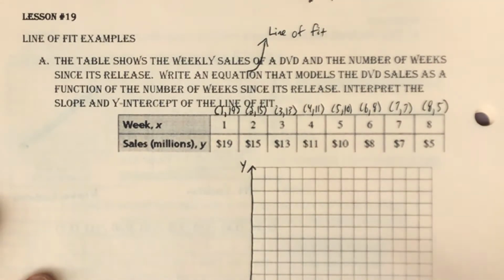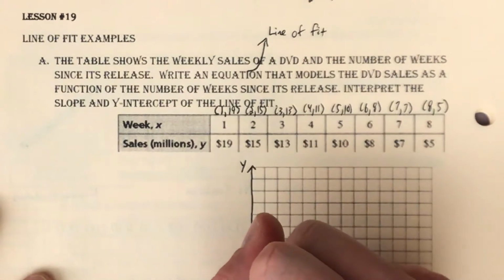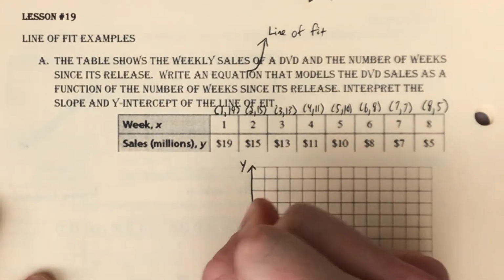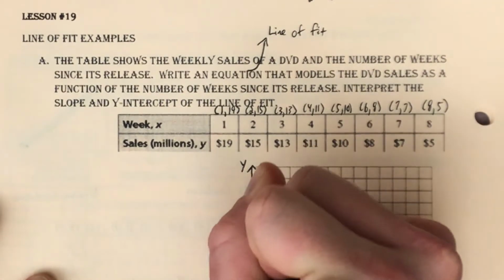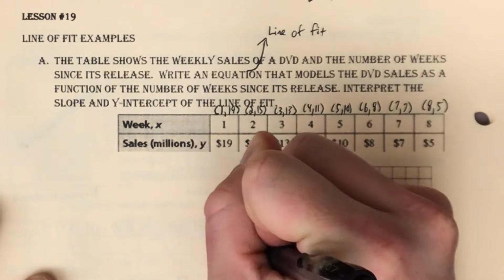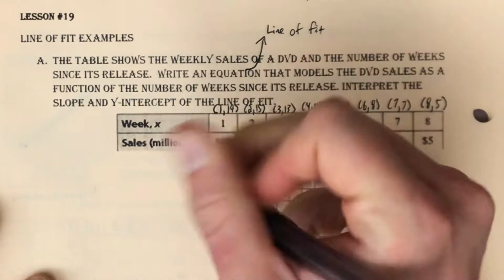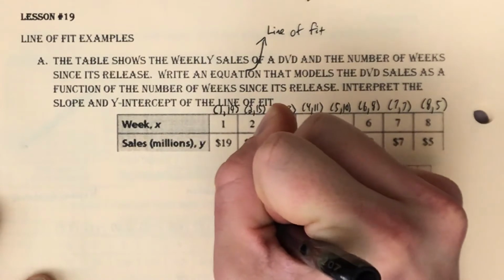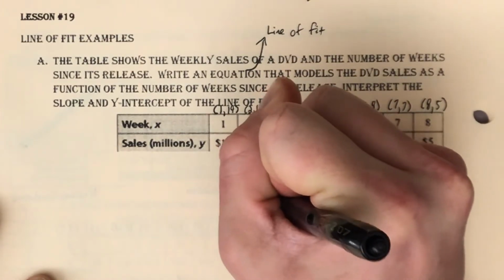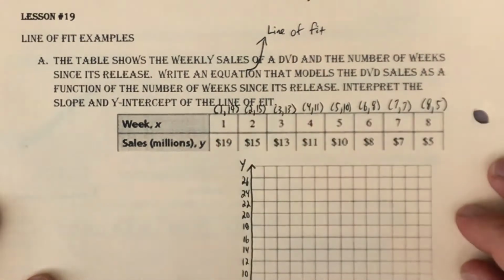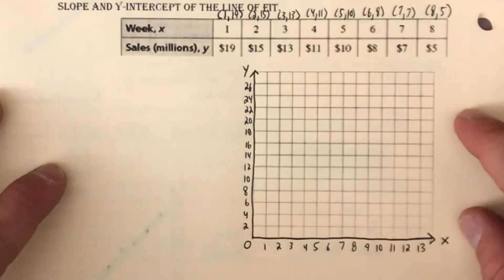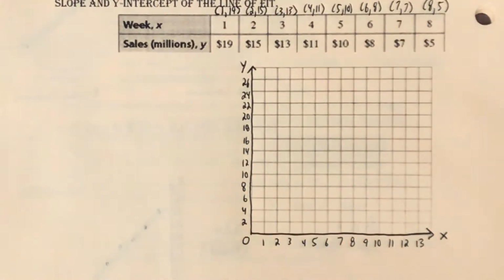I know that I don't have enough lines, so I'm going to label by 2s on the y-axis: 2, 4, 6, 8, 10, 12, 14, 16, 18, 20, 22, 24, 26. And then let me move this up because I just realized you can't see the x-axis. All right, there we go.